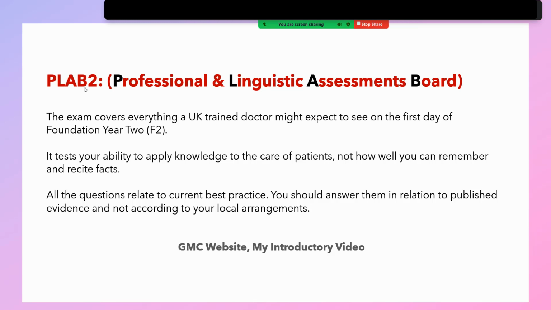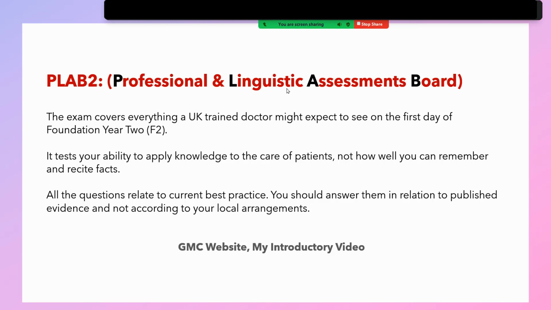PLAB 2 is the short form of Professional and Linguistic Assessments Board. Professional means that this exam tests your competence and skills as a professional FY2 doctor: your skills in dealing with your patients and your colleagues as well.